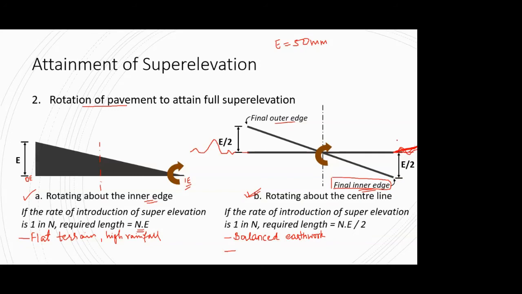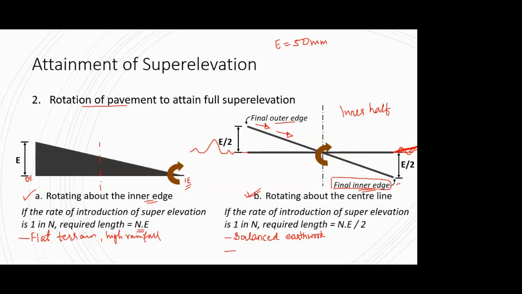So the inner half of your pavement will face a drainage issue, because all the water from the outer edge, which is at a higher level, will rush into the inner half, and at this inner half you don't have adjoining land at the same level as your inner edge, or even at a lower level.